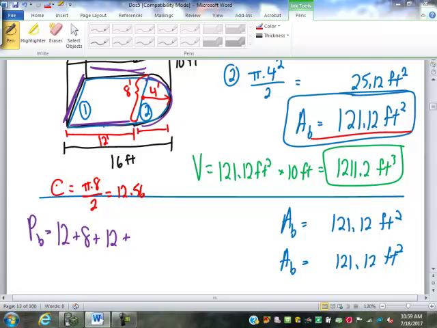So it's 12.56 feet. Plus the 12.56 here makes 44.56 feet our perimeter of the base.